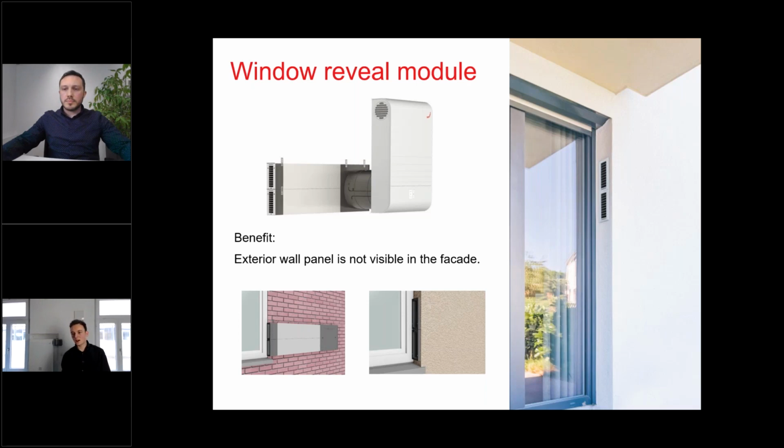And these channels are installed at the outer wall in the insulation layer. So at the end, you get a nice appearance. It's not noticeable from the outside. And as you can see, this is often used in a multi-story building to hide a huge number of outside grills in the facade.